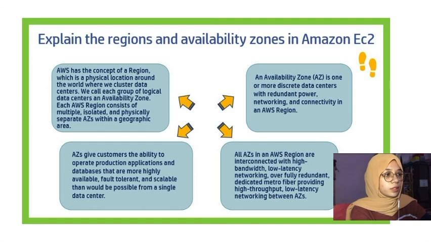An availability zone is one or more discrete data centers with redundant power, networking, and connectivity in an AWS region. AZs give customers the ability to operate production applications and databases that are more highly available, fault tolerant, and scalable than would be possible from a single data center.